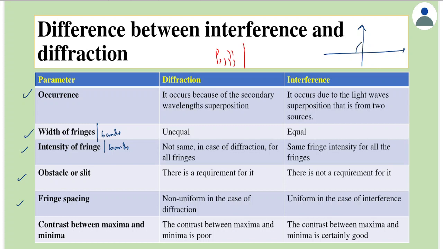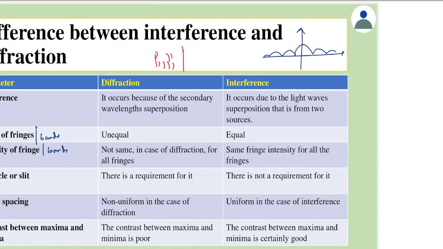The central maximum had the highest intensity, then the intensity kept on decreasing. This is what we got in case of diffraction. While in case of interference, we saw that all the bright bands will have the same intensity. This is for interference.